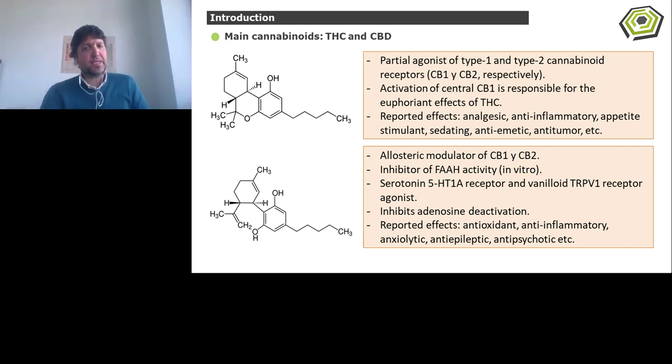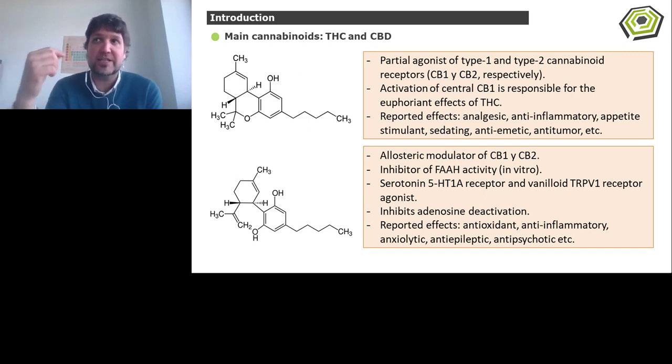CBD has been described as an allosteric modulator for CB1 and CB2. That's the reason why, while CBD is psychoactive because it has some reported effects such as anxiolytic or antipsychotic, which are exerted by the action of CBD in the brain, it is not overly euphoric, so it won't get you high.